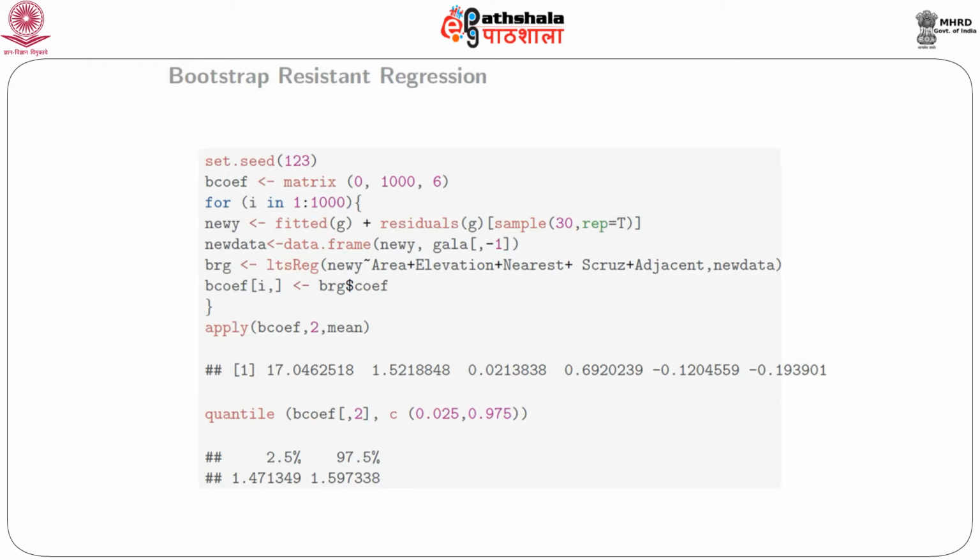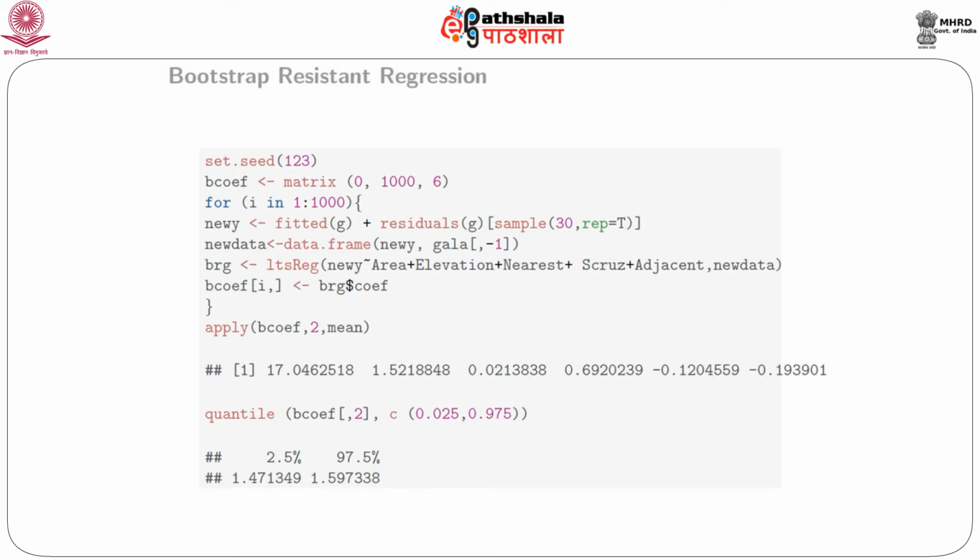That means we would be doing 1000 iterations, or taking 1000 bootstrap samples, and we initialize each cell of the matrix to be 0. So, we say Bquef is a matrix with 0, 1000, 6, and then we use a for loop saying that for i in 1 to 1000 we need to perform a certain set of things.